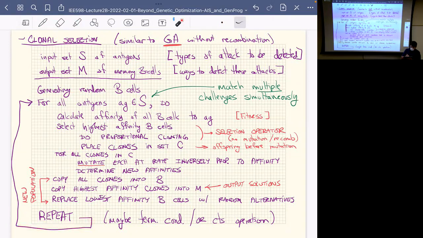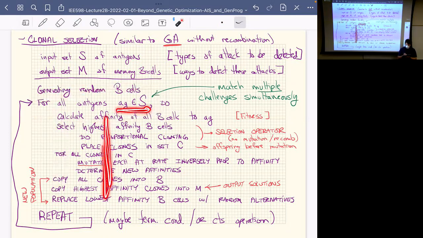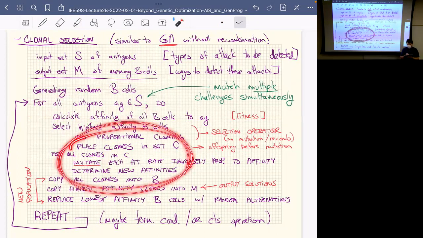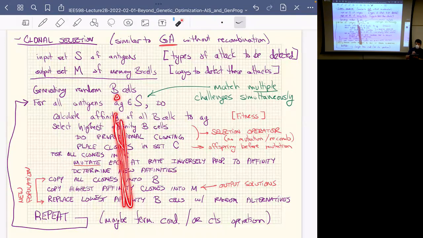So this whole thing sort of lives within this for loop. For one antigen, you go through all of this, calculate the affinity for that one antigen, alter your population based on that one antigen, and then you do it again for the next antigen. So you do all of this stuff for each antigen, and then you loop the whole thing again, and based on the new population of B cells that come out of this process, you can start the whole process over again.